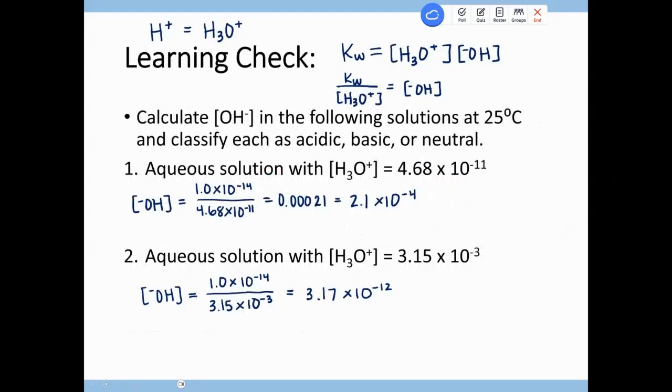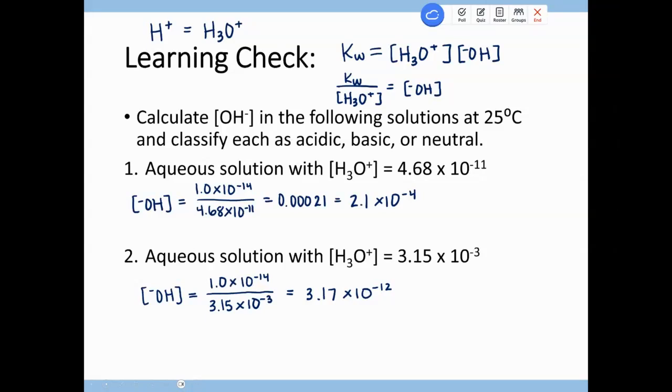So the first solution here, H3O plus concentration is 4.68 times 10 to the negative 11. OH minus concentration is 2.1 times 10 to the negative 4. So the OH minus concentration is higher than the H3O plus concentration.